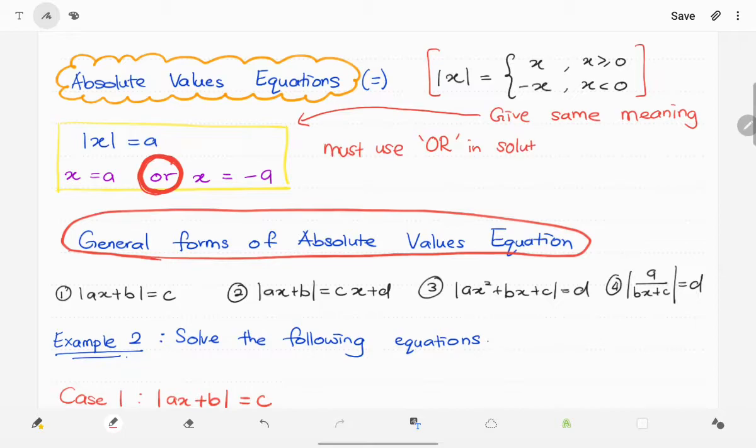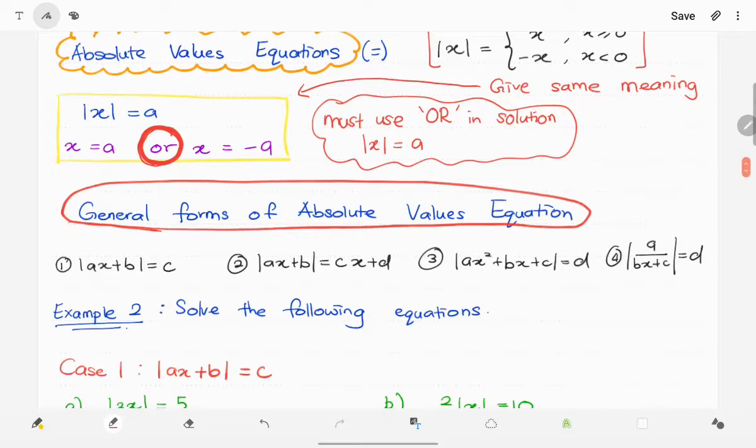When solving an absolute value equation, you must use "or", don't use "and", because of the definition here. So that's clear. The yellow box is very important.